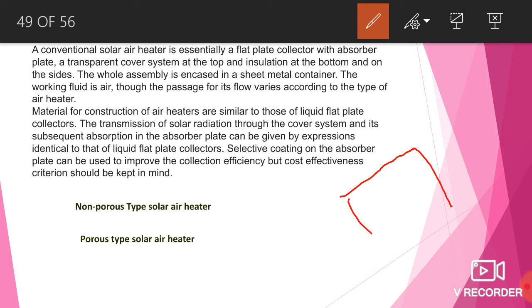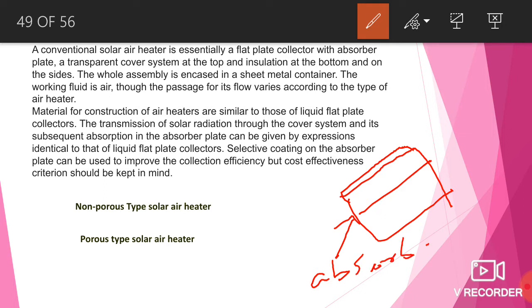It is the particular cover, we can say this is side A. This is the absorber, we can say this as absorber. Then there is an insulation provided, this is the insulation.